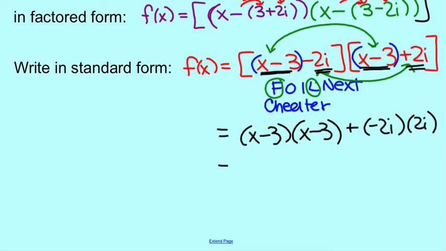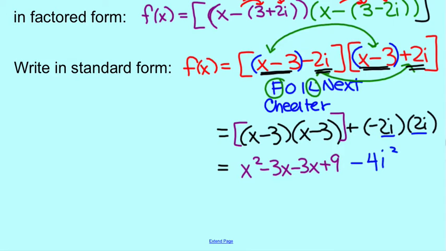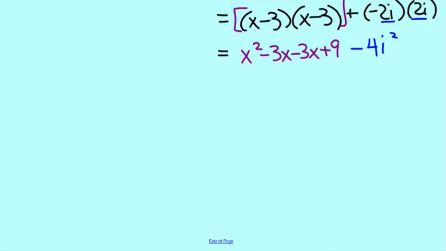All right, now let's continue on. I'm going to FOIL these two together. So we get x squared minus 3x plus 9. And this becomes negative 2i times positive 2i is negative 4i squared. Now we'll continue on. These are my like terms. So I get x squared minus 6x plus 9.